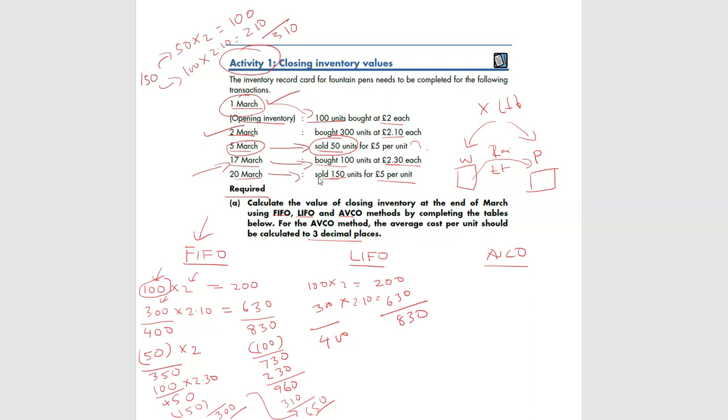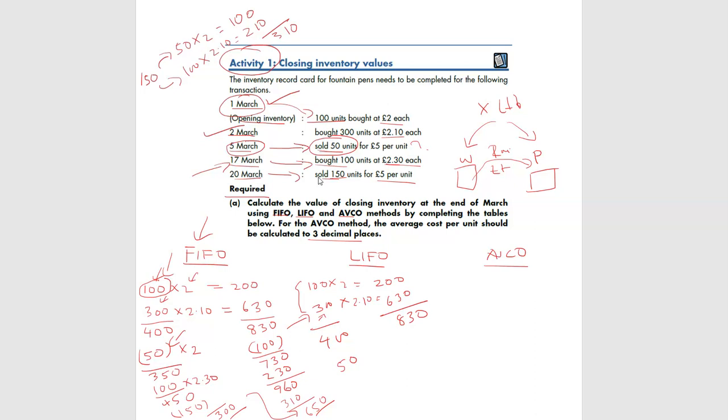Now the problem here is when I issue this 50. In FIFO I was using the earliest price, but this time it is LIFO, that is last in first out. So between these 200 and 300, which one came last? The 300, and I'm going to use the unit from there. So 50 unit I'm going to take from this 300, not the 100, because this is LIFO.